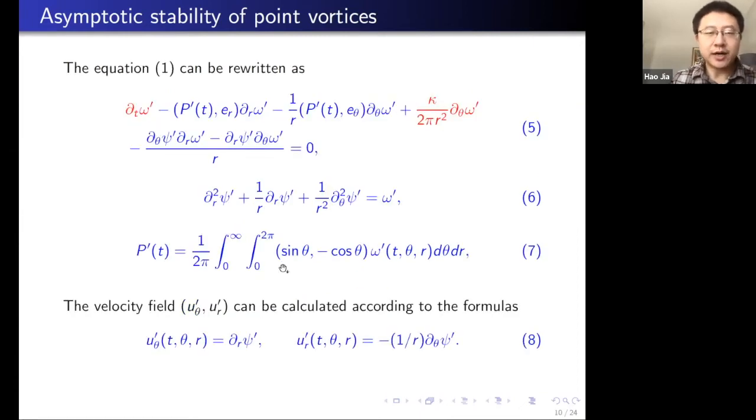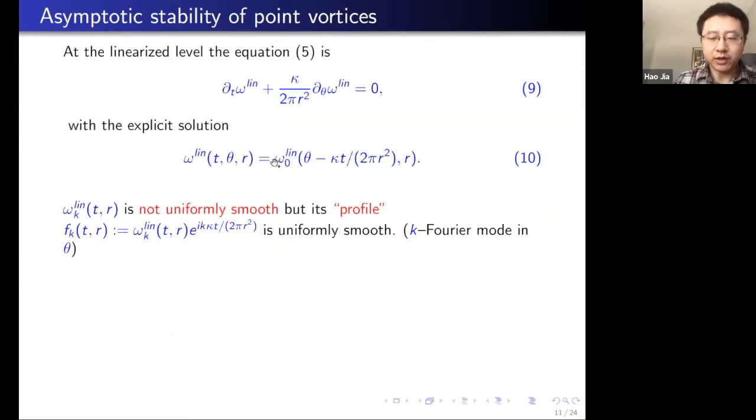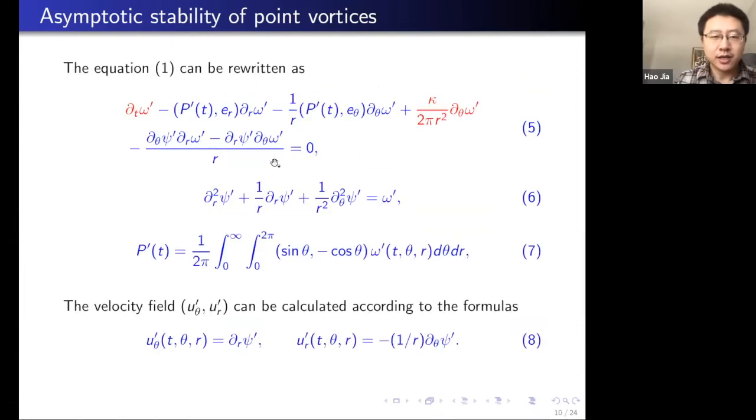And then we can write down our equation in this new coordinate system. In the new coordinate system, we have this closed system of equations. So you see that omega prime still satisfies this transport equation, but it's just a little more complicated because we write everything in polar coordinates. And also you have the stream function and then the motion of the point.